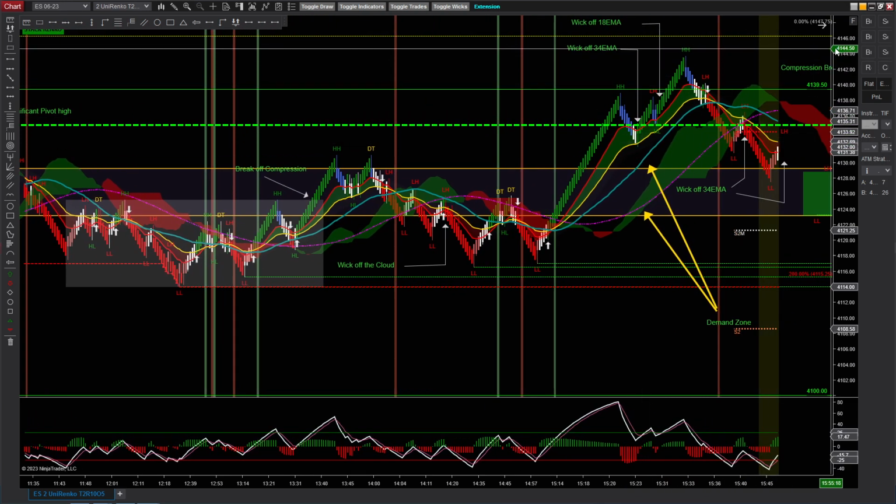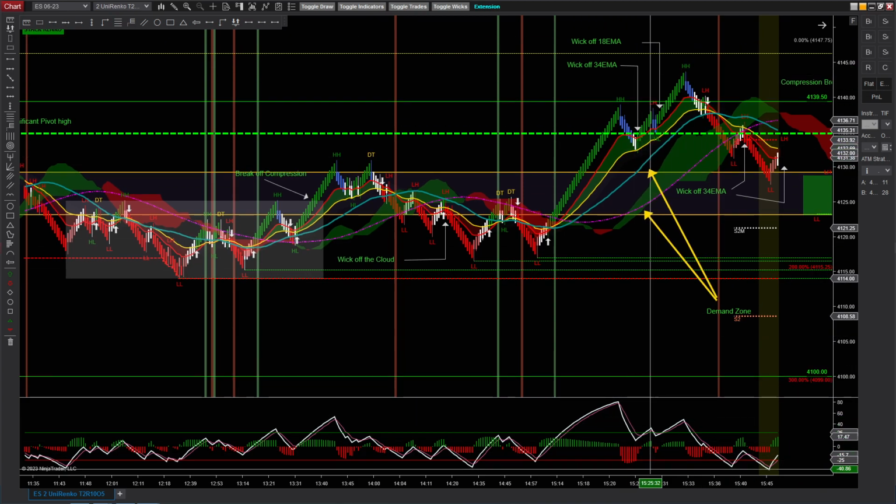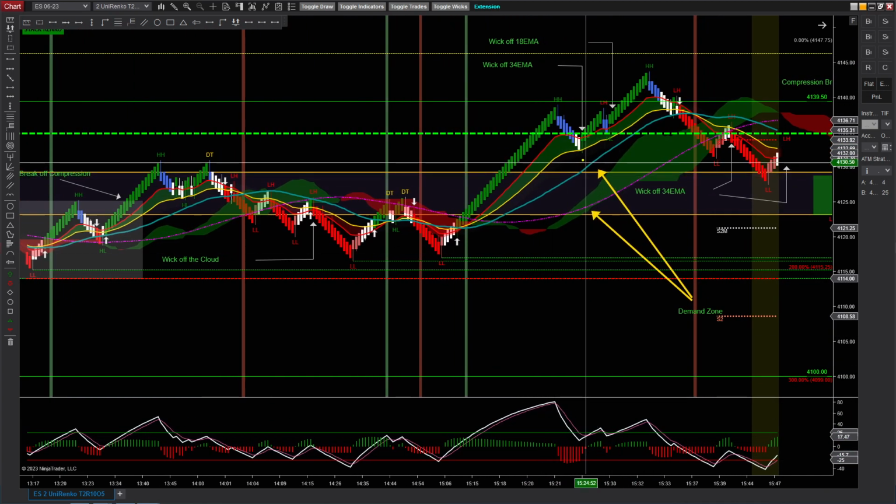And we have two things here. So you have a wick out of the 34 EMA right there. And then they went up, found some resistance on this pivot high, came back. And you see that the bounce was below this pivot high.